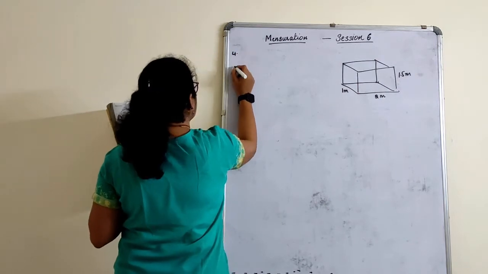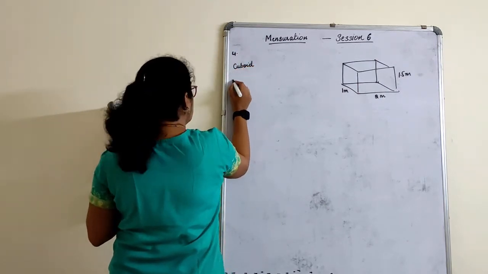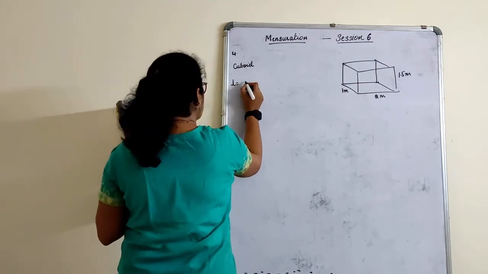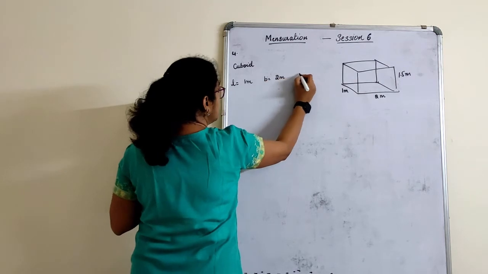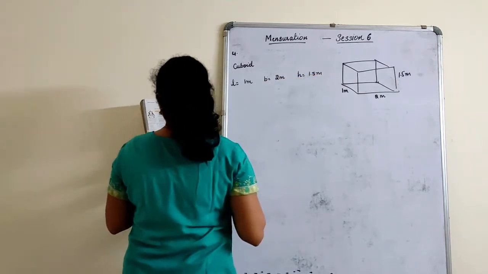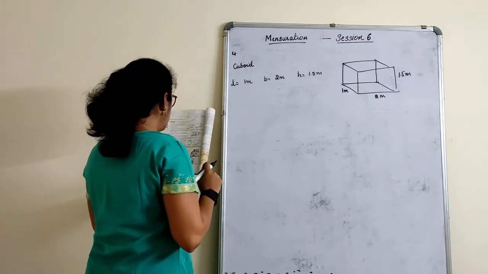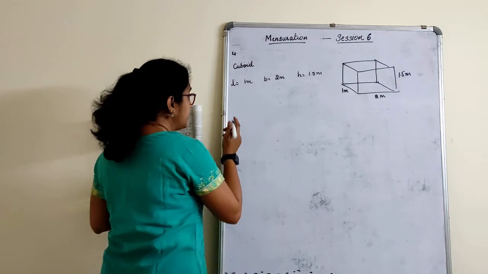What type of a figure? Cuboid. So length is equal to 1 meter, breadth is equal to 2 meter, height is equal to 1.5 meter. How much area did she cover if she painted all except the bottom of the cabinet?